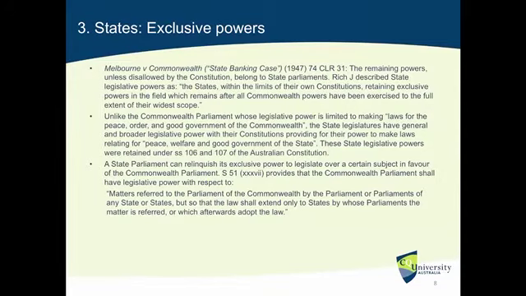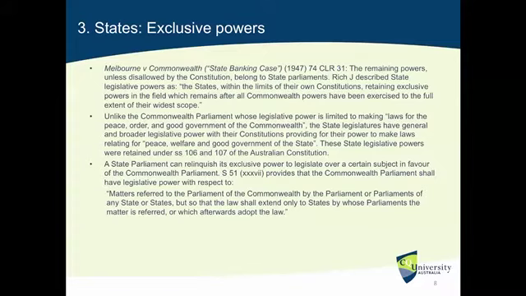So, as I pointed out earlier, as far as the state parliaments are concerned, they did not require the Australian Commonwealth Constitution to be there for them to have certain legislative powers.